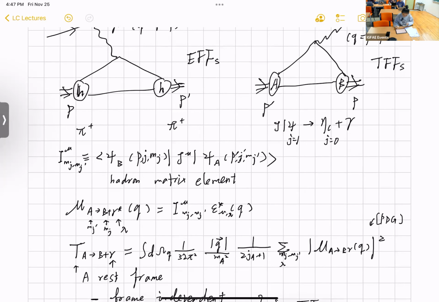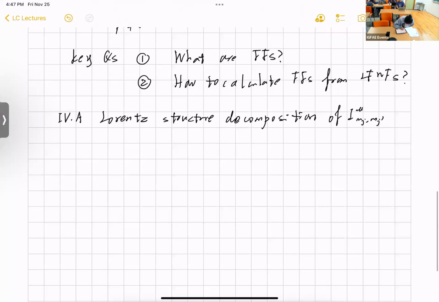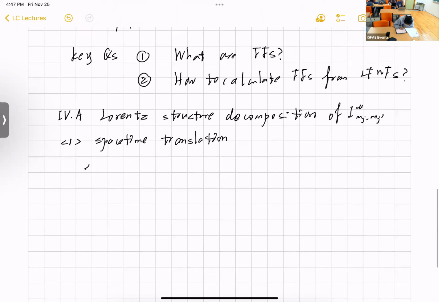Before we actually do the decomposition, let us understand what constraints or properties it has. The first thing we look at is the space-time translation. Let me first write down the definition for it.